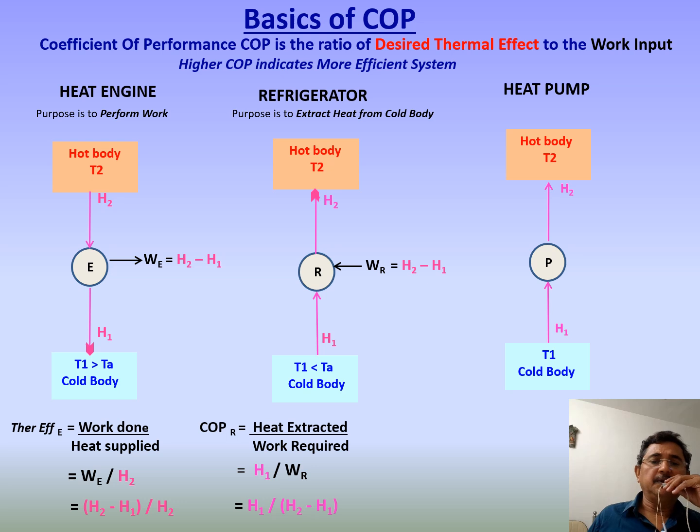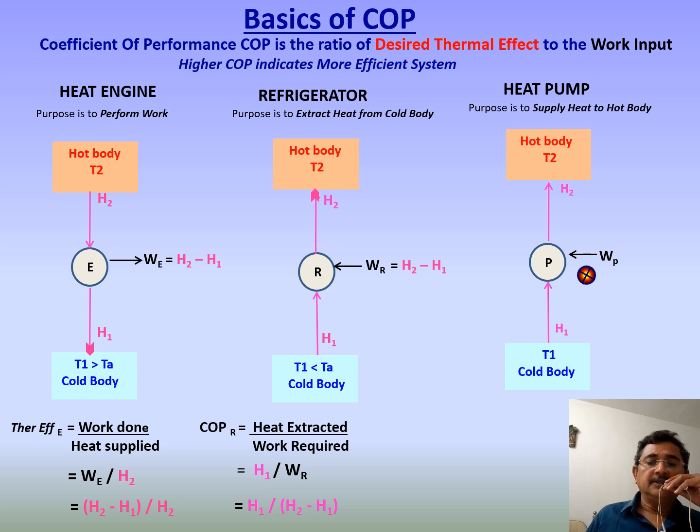Now consider the heat pump. The purpose of heat pump is to supply heat to the hot body. That is, it is used to heat the homes. This also requires work input, that is WP.